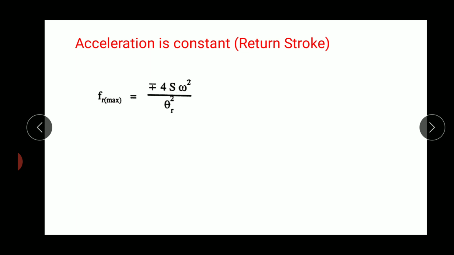Now the acceleration during return stroke, as we had discussed earlier, should be minus plus 4s omega square upon theta r square. During out stroke it is theta o, during return stroke it is theta r. During out stroke it is plus minus, during return stroke it is minus plus. Put all the values over here.